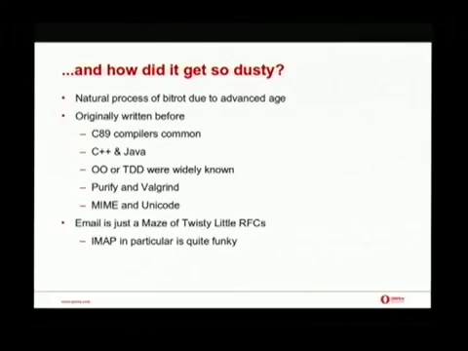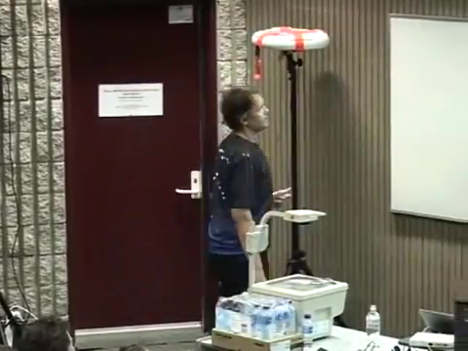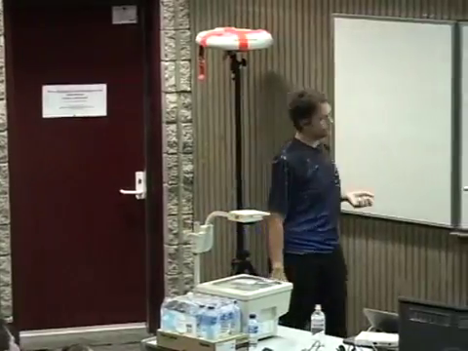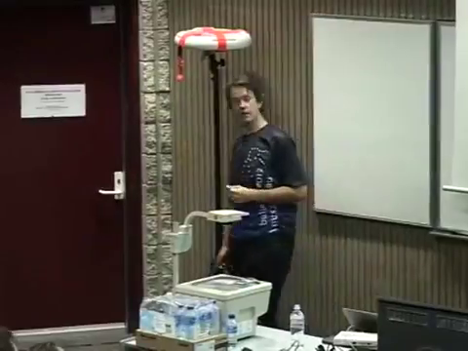How did it get so dusty? Well, 3 main reasons. The first is any sufficiently old program just bit rots. That's just a fact of software. Also, because it is so old, it was written before a whole bunch of the stuff that we use to write software today was invented or widely known, in particular, C89, C++, Java, object orientation, test-driven development, Purify, Valgrind, MIME, Unicode.